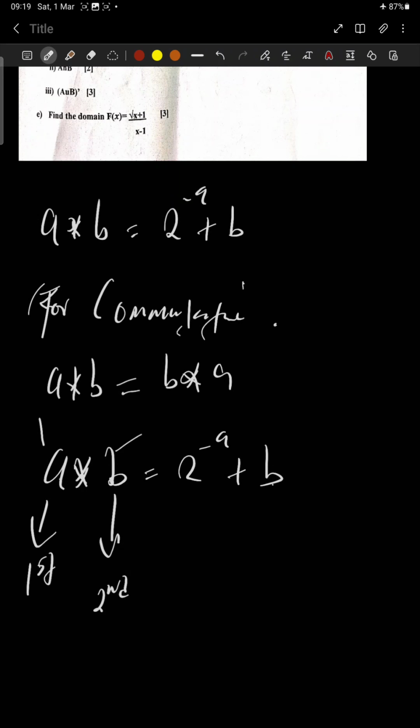The one coming first is the first number, the one coming second is the second number. Why is b the second number? Because it comes second. Why is a the first number? Because it comes first. That's how you read an operation.